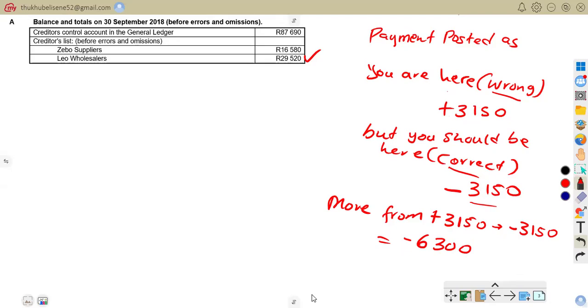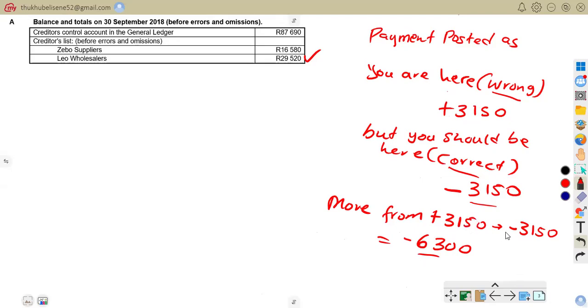So this is our double. We are saying this is what we are supposed to do, the double effect that we are talking about. So now the amount that you're going to get is 6,300.